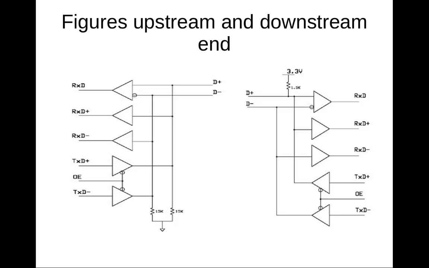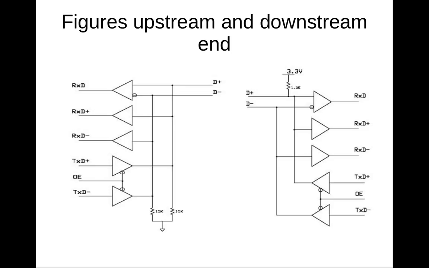But in downstream, if you apply 3.3 volts on D plus or D minus, followed by some resistance, this is typical of downstream. Why we have this, let's go to the next slide. You'll come to know why you have 3.3 volts that is passed to D plus, or it can be passed to D minus.